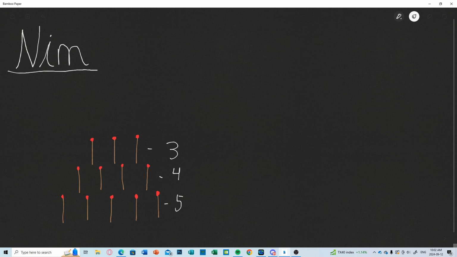In order to master NIM, we need to understand binary numbers first. Binary is a number system that only uses 0s and 1s represented by powers of 2.